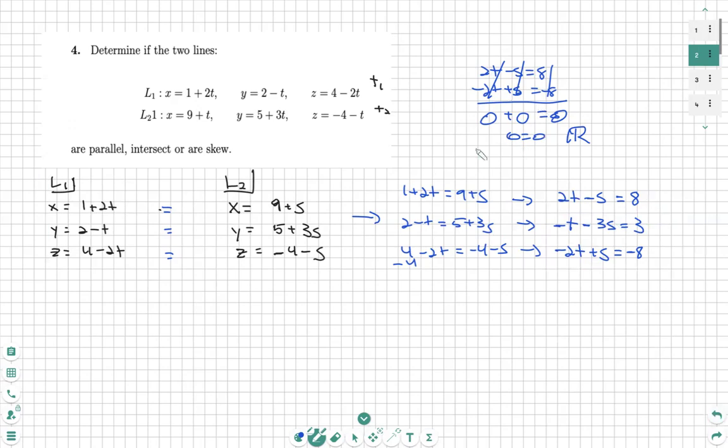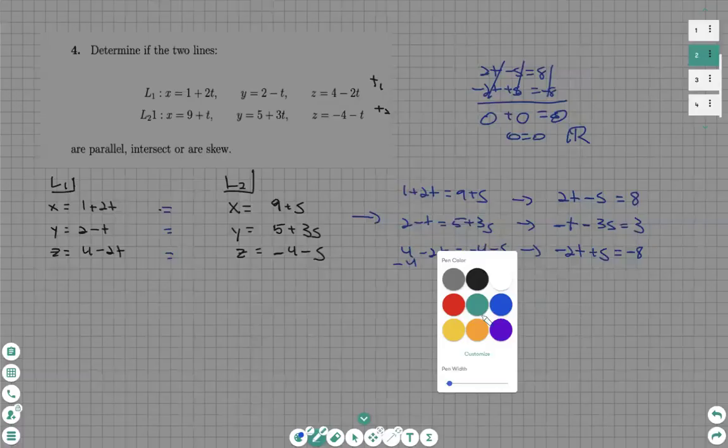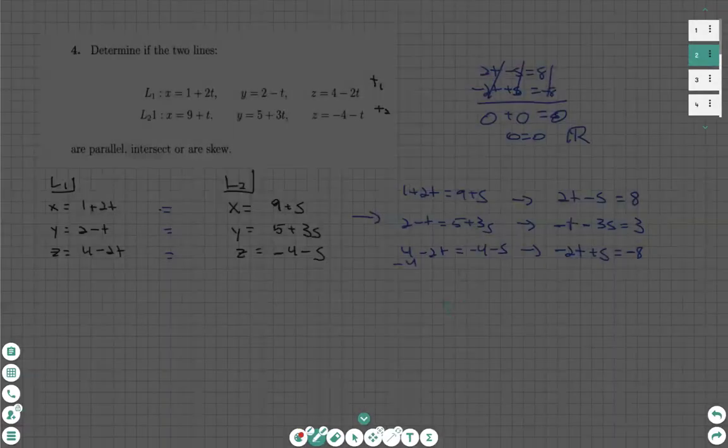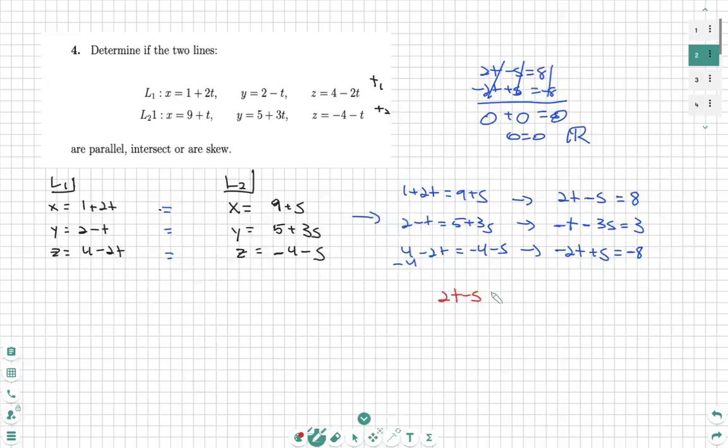So that gave us a little weird situation. Well, that's okay, because instead of using those two, I'm going to take that first equation and now use that second equation. Now, if we recall, when we're eliminating, all we need to do is match up the coefficients and have different signs. We can see the 2t on top, and we have a -t on bottom.